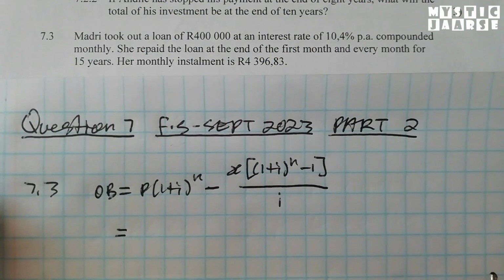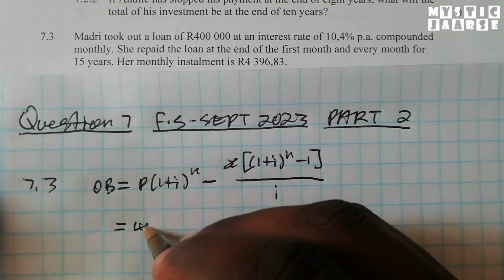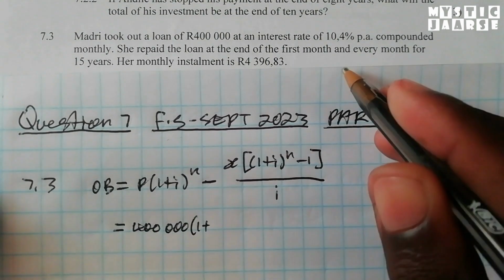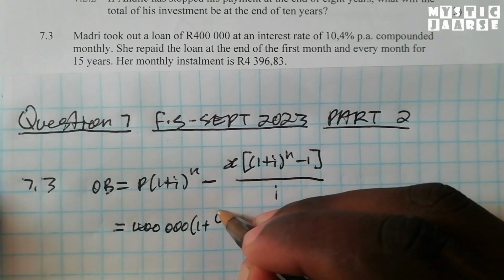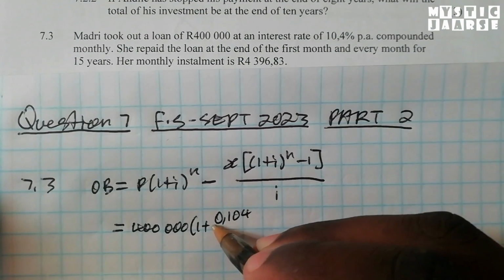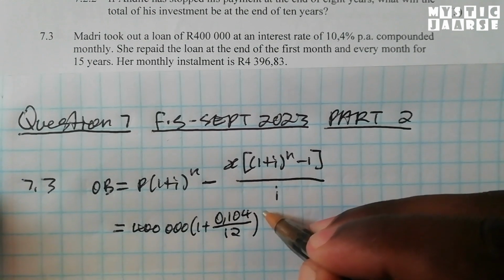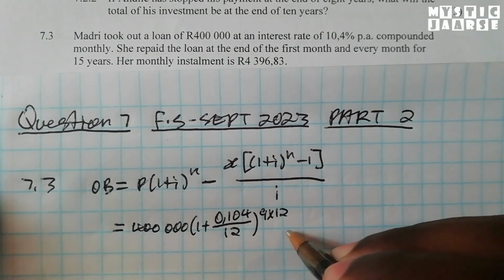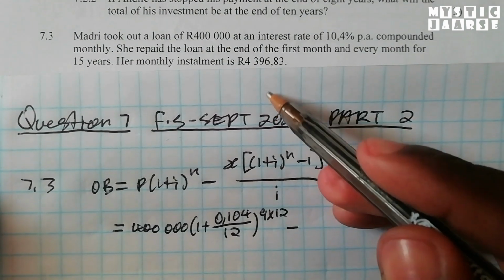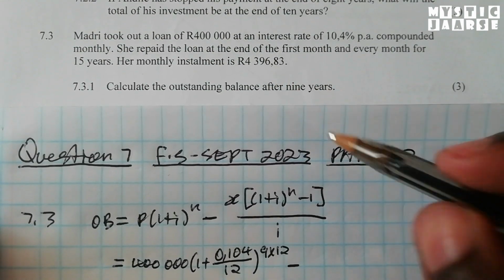P represents the amount of loan, the money that she borrowed from the bank. So she borrowed 400,000 rands. 1 plus the interest rate is 10.4% per annum compounded monthly. So we have 0,104 because it is 10.4% divided by 100, divided by the compounding frequency, which is monthly, so we divide by 12, to the power of 9 years times 12 months, minus, they say Madri will be making payments of 4,396 rand 83 cents each month.